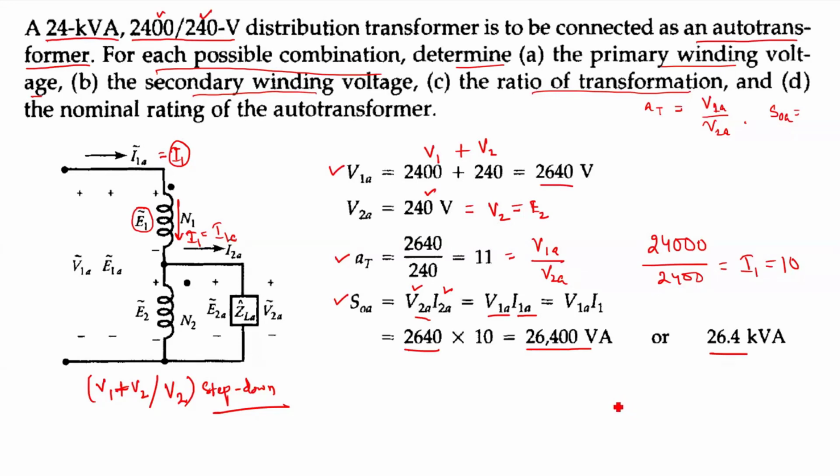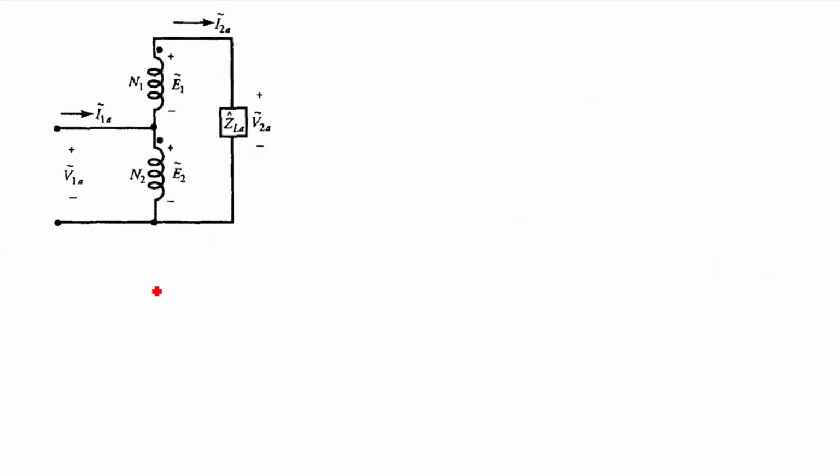Now we'll go for another configuration, which is a step-up transformer. This configuration is known as V2 by V1 plus V2, because N2 is the common winding here, right?